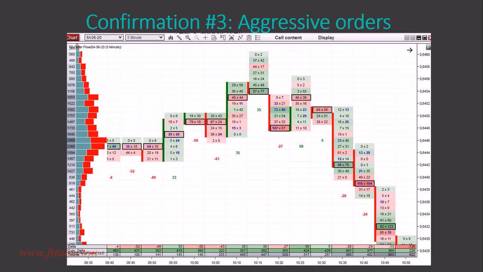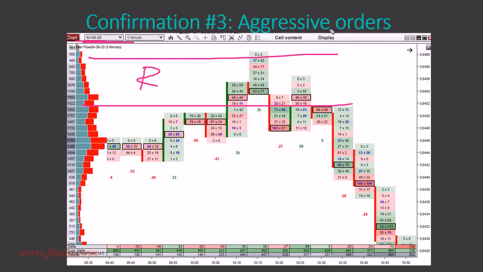Now let's have a look at this example. This is also Australian dollar futures. Imagine that there is a resistance somewhere in this area, so you want to see that confirmed. Now there's not really any limit order confirmation or absorption confirmation, but there are aggressive sellers in here. Aggressive sellers start to jump in. There are 3 selling imbalances.